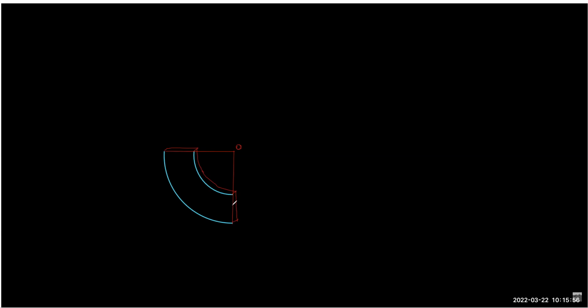And you can see the radius is varying from the inner circle to the outer circle, and we have a liquid flow like this. Imagine this is the flow of liquid.